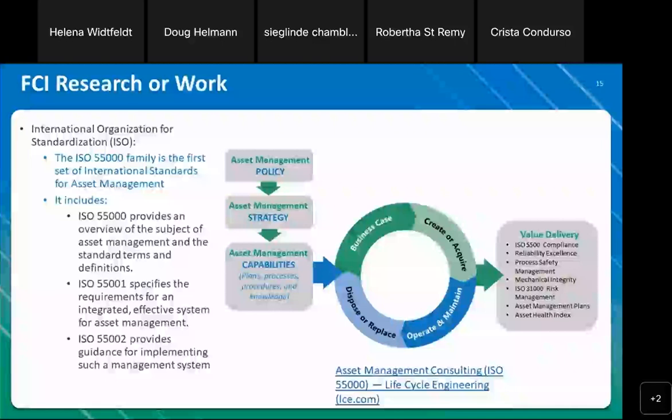And it tells you all the standard terms and definitions that you need to know about asset management, as well as specific requirements for what is considered an effective system for asset management and guidance on how to implement management systems. So if you have never heard of it and gone through the life cycle engineering, I would highly recommend, again, you see the hyperlink is on the slide, that you go through that.